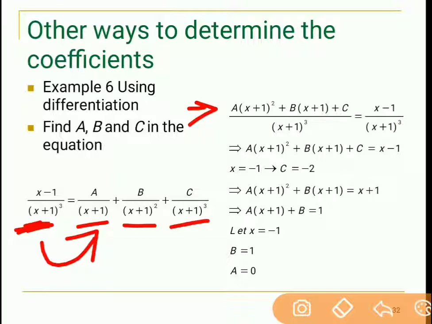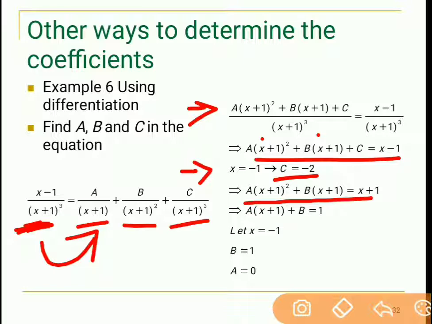Now if you compare the numerator on the left hand side and right hand side, this will be satisfied for all values of x. Moreover, if I take x equal to minus 1, then the coefficients of a and b become 0, and you will get c as minus 2. If you keep c as minus 2, then you will get the equation a into x plus 1 whole square plus b into x plus 1 is equal to x plus 1.